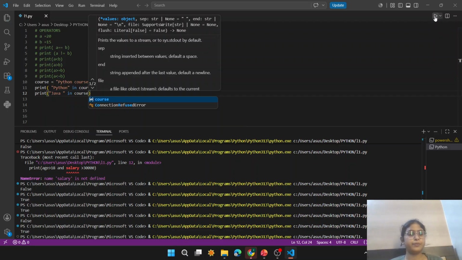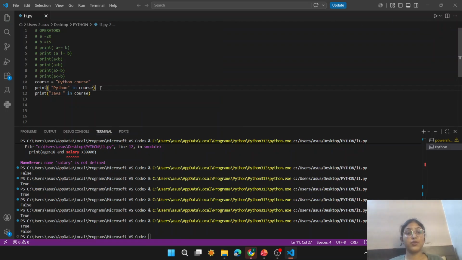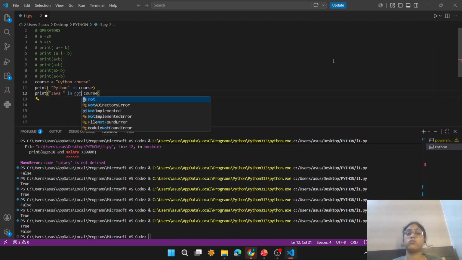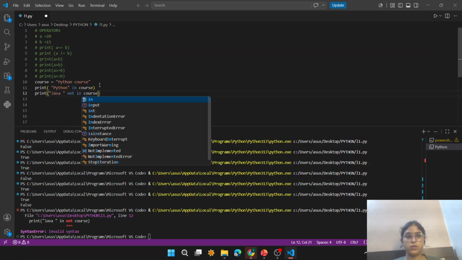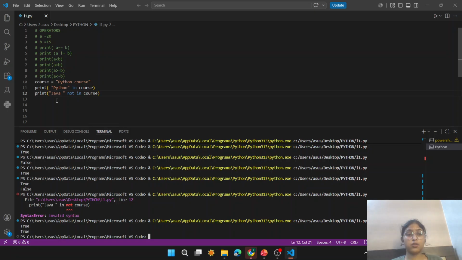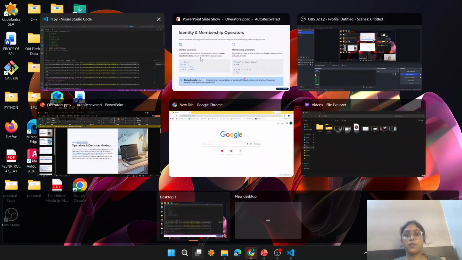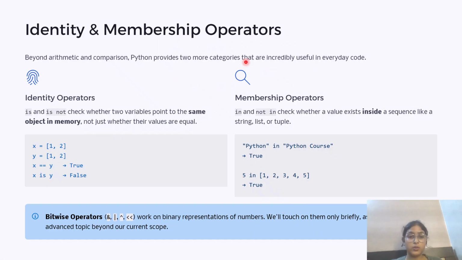Let's see what the answer is. The first one is true because this sentence contains the word Python, and the second is false because it does not contain it. What if I change it to not in? This is also a keyword. Now the answer is true because Java does not exist in the course, or rather, in the message I have printed, Python course.